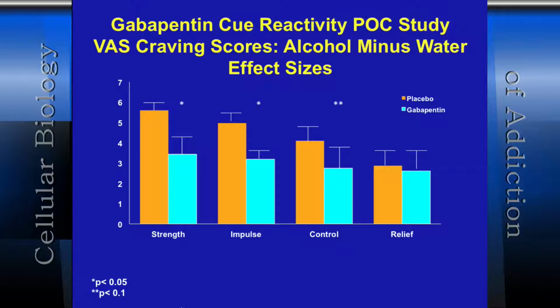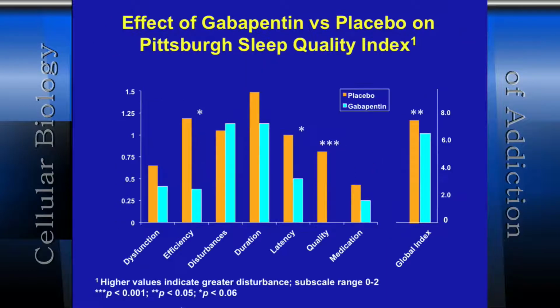And what we found was that relative to placebo, these are your placebo levels of craving, gabapentin reduced the strength of craving, the impulse to use, and reduced the feelings of loss of control over the desire to use. We also, yes?